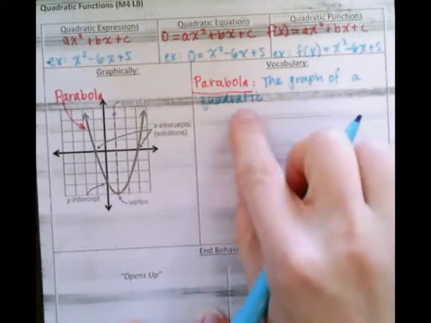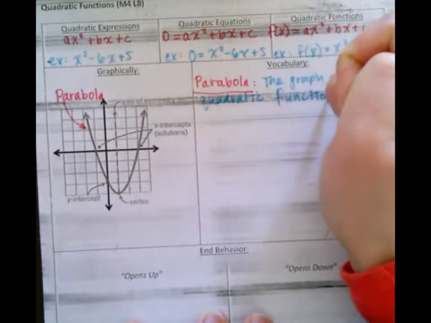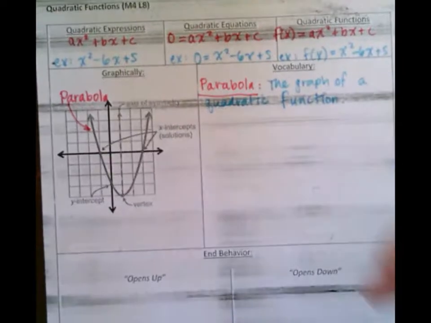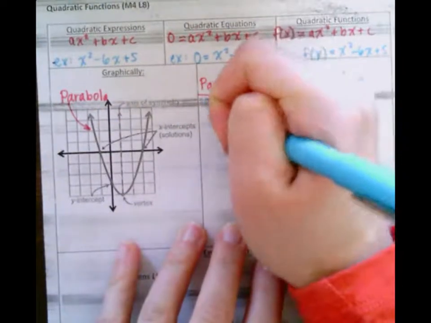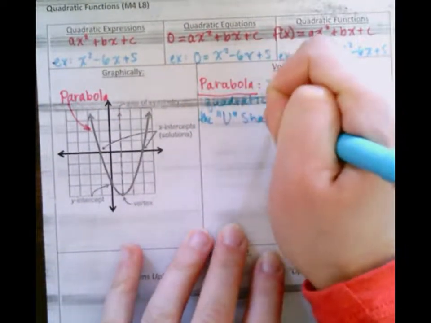I know it's a little hard to read. So a parabola is the graph of a quadratic function. You can also think of it as the U-shaped curve.